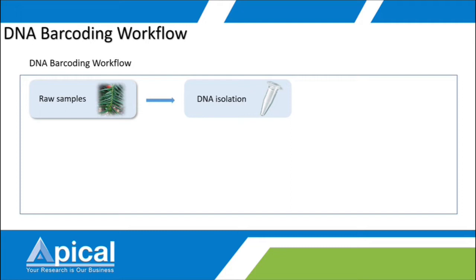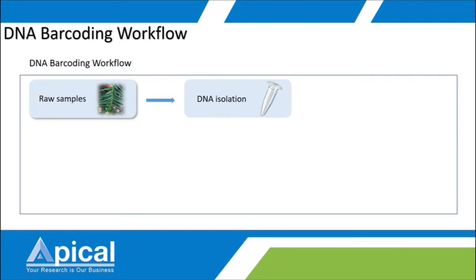So DNA barcoding is suitable for researchers who want to study or detect some specific bacteria or fungus. Okay. So the second step, DNA isolation, is the step where you get your starting material, the genomic DNA, for your study.